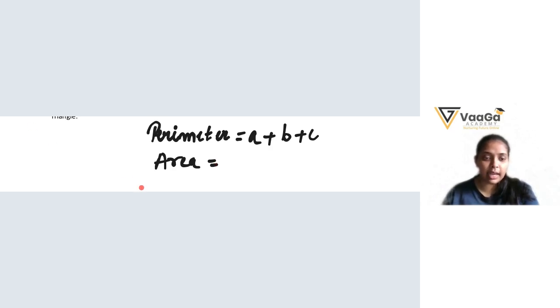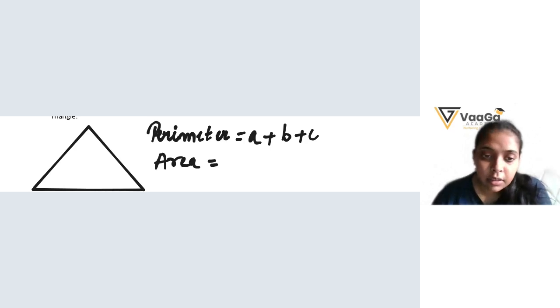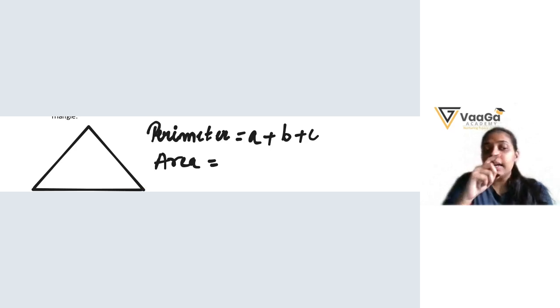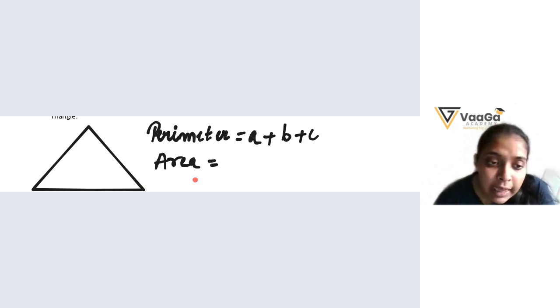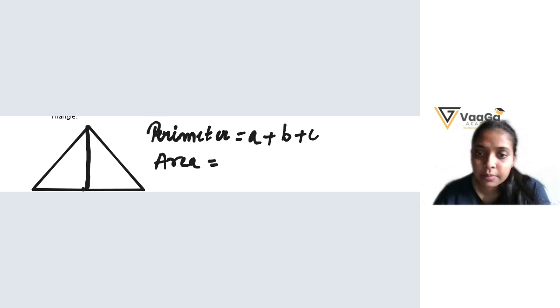See, this is the rectangle, the triangle I have. And if I join this point with this point, I can join it like this.